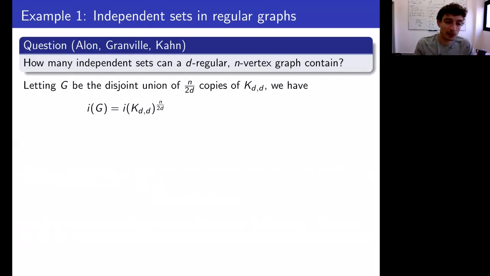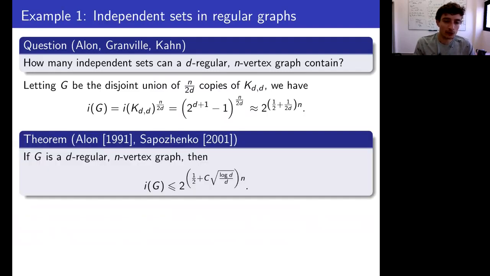Now, what is the number of independent sets in K_{d,d}? It's a bipartite graph. It's split into 2 independent sets of size d each. Each of them has 2 to the d subsets, each of them independent, so it's twice 2 to the d, but this way we counted the empty set twice, therefore I subtract the 1 here. And if you do the arithmetic, then roughly this is 2 to the power (1/2 plus 1/(2d)) times n.